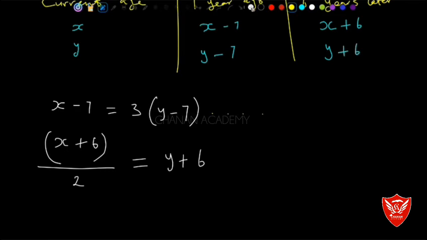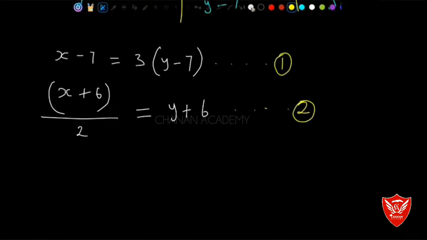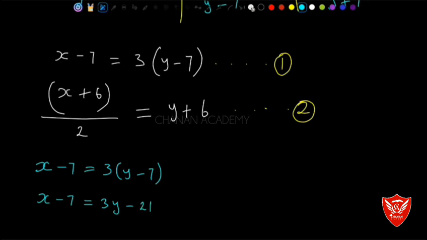Let's call this equation 1 and let's call this equation 2. Now let's try to simplify equation 1 first before we do the same for equation 2. So equation 1, we have x minus 7 equal to 3y minus 7. This is going to be x minus 7 equal to 3y minus 21.